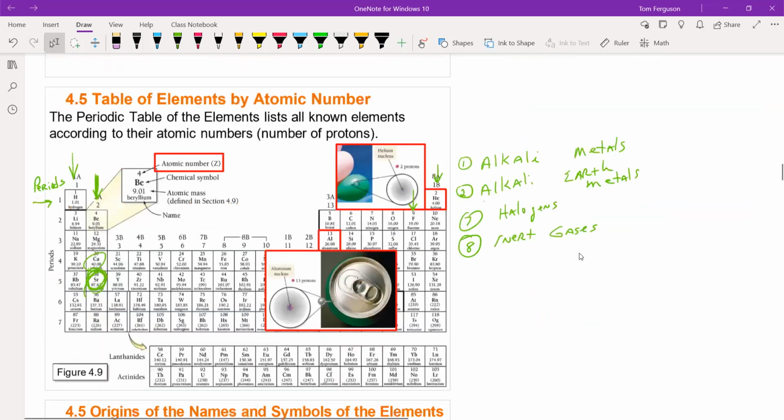Okay, so this is what a modern periodic table looks like. The only problem with this modern periodic table is there is a shortcut taken for publishing reasons. And right here, all these elements down here fit into that spot right there.